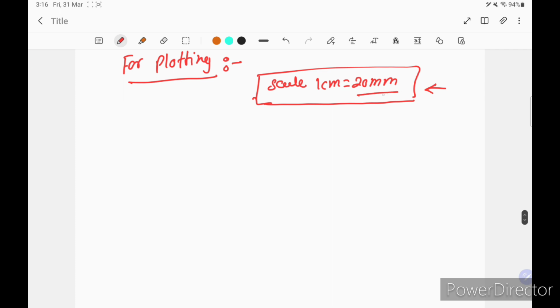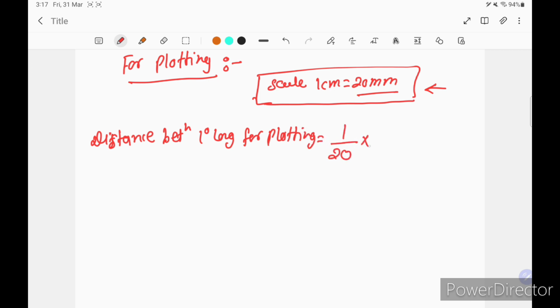Whatever scale you can choose, 40 or 80. Now the distance between 1 degree longitude for plotting: we are taking 20, into what we got as the answer, 70.92.